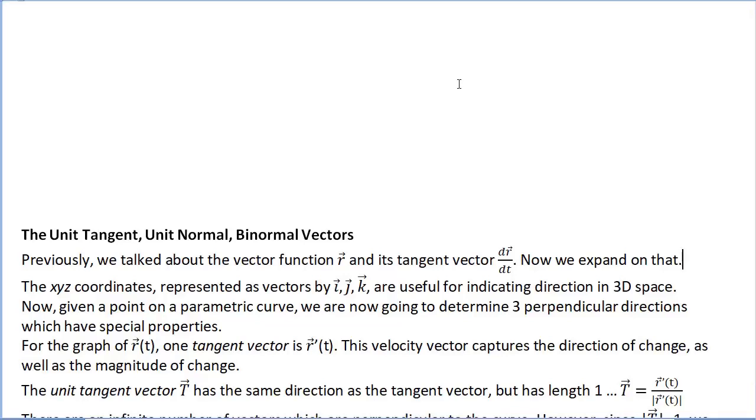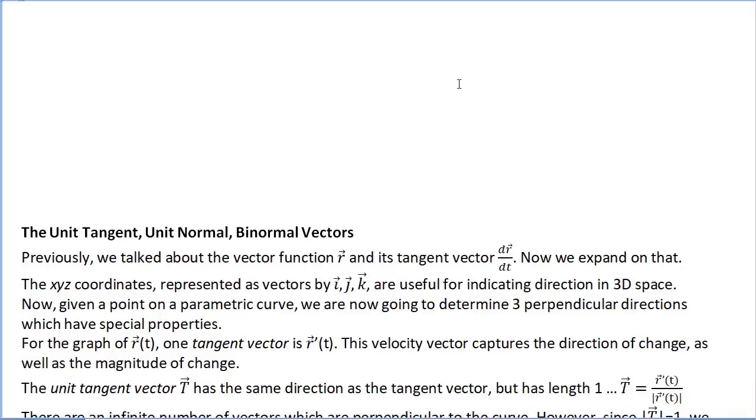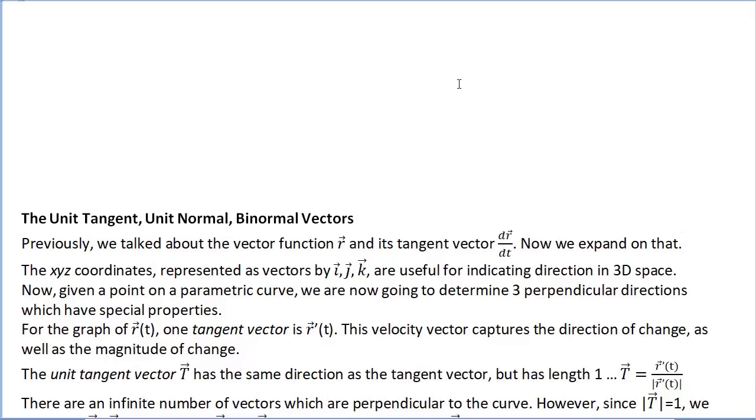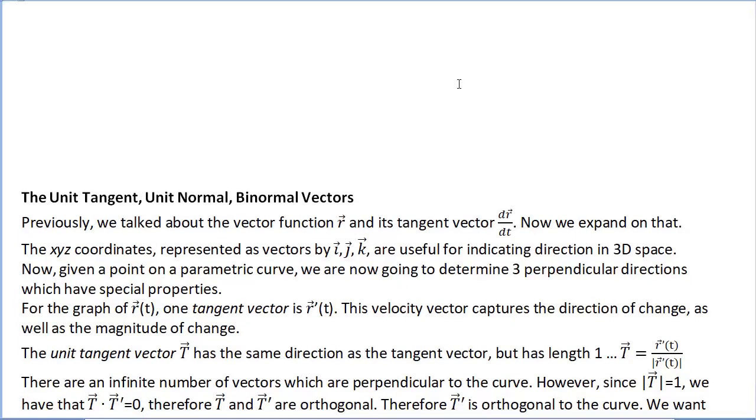given a parametric curve. Next, we want to talk about a perpendicular direction. Here's the issue: there are an infinite number of vectors which are perpendicular to the curve. We're going to find a special one. Because the magnitude of the unit tangent vector is 1, meaning it's constant, we know that the vector dot its derivative equals 0, and therefore the unit tangent vector and its derivative are orthogonal. That was a fact that we previously showed.